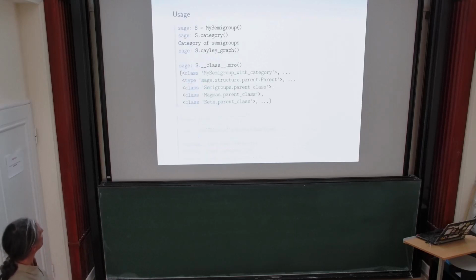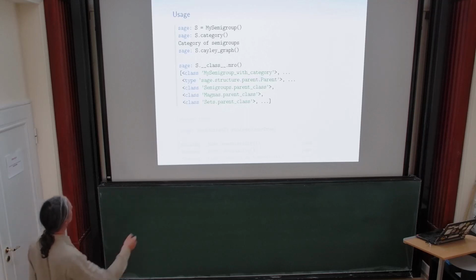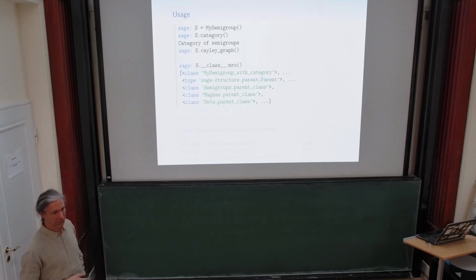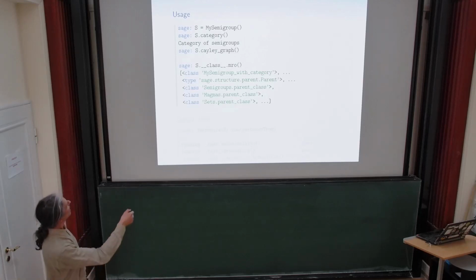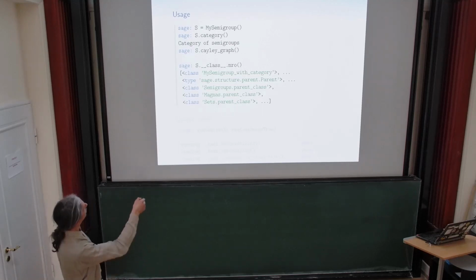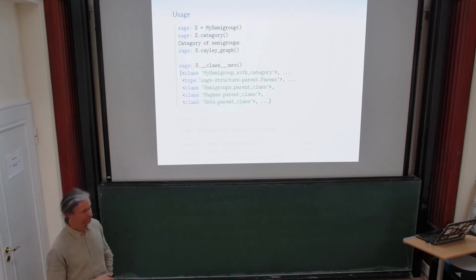Okay, so when you use it, what's going to happen? So here I create my semigroup, my preferred semigroup. It could be, I don't know, a semigroup of integers and so on. I can ask it, oh, by the way, do you know what is your mathematical structure? And so the semigroup knows that it is a semigroup.